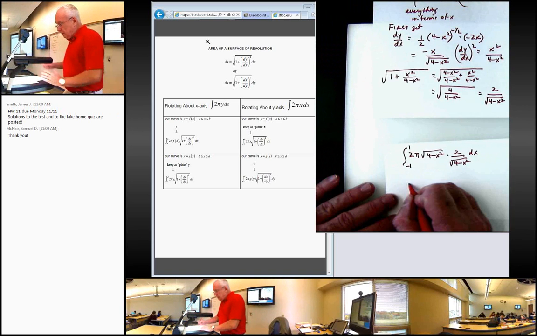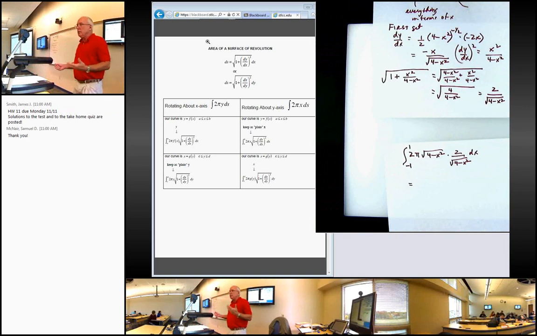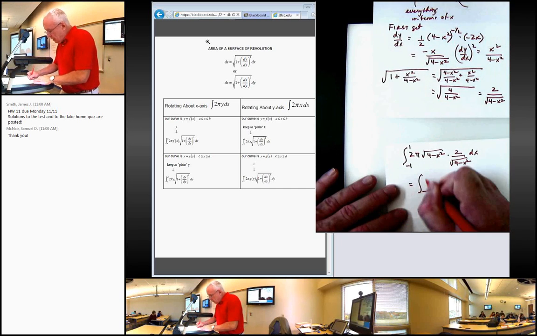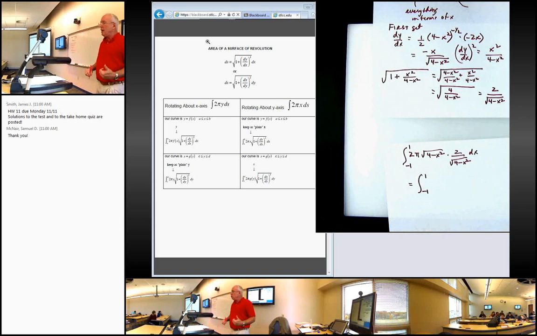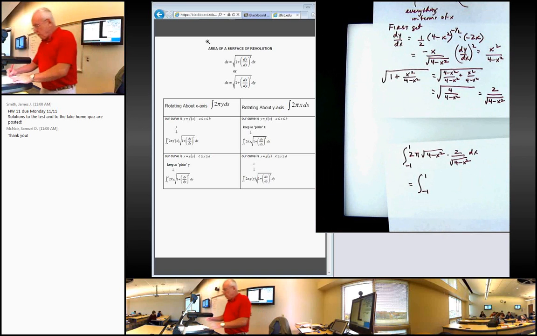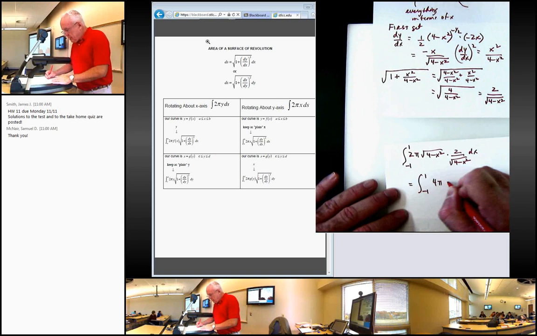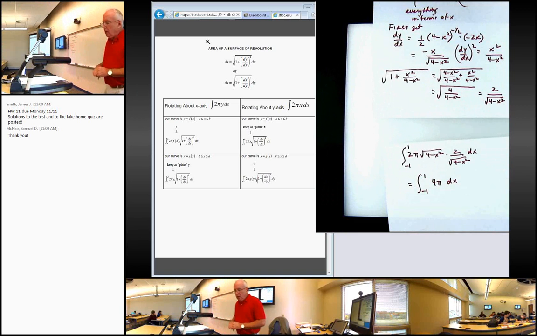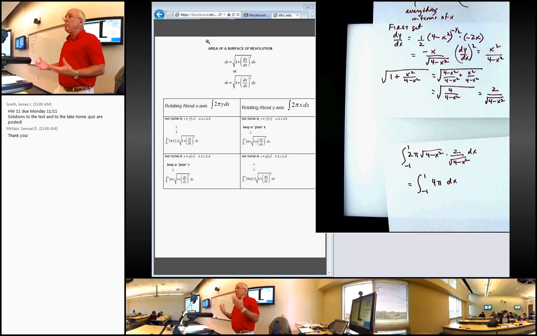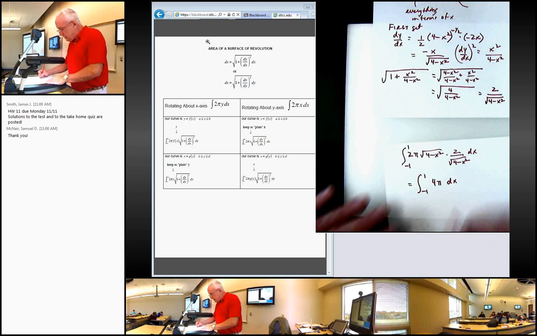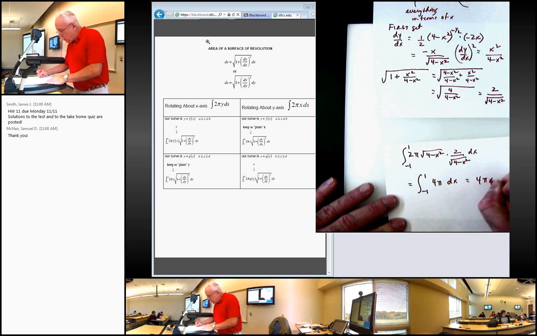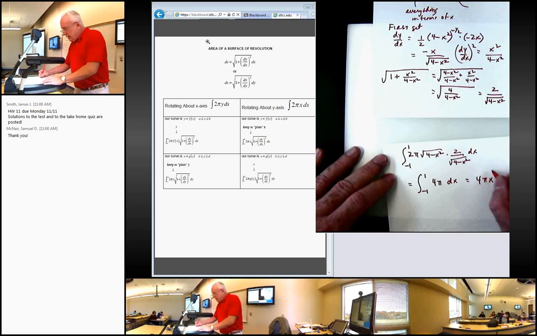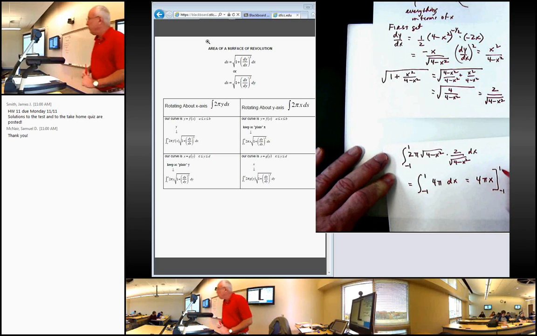Okay, well look at what cancels out in this integral. We have the square root of 4 minus x squared that cancels out. So what I'm left with then is just 2 pi times 2, or 4 pi, dx. All right, so I just have a number inside my integral, so I just tack on the x to get the antiderivative. So this is 4 pi x, and then I have my limits from -1 to 1.